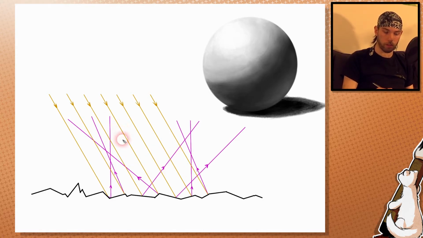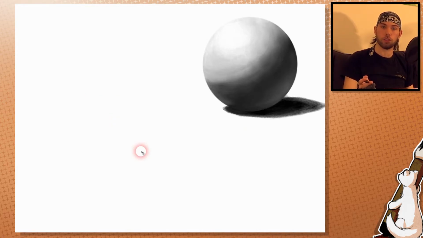Now, most of the light rays would still get reflected in the same angle as they were incoming, and we get some distribution. And this knowledge is very important because if we look closely at this ball now, if you see this shadow area, then you can see here that it's a little bit brighter than the core shadow.